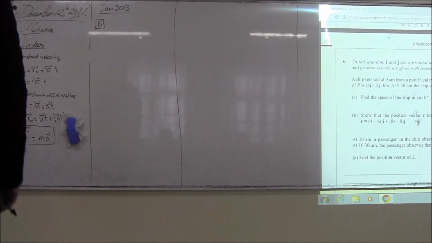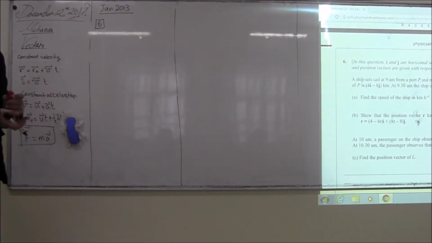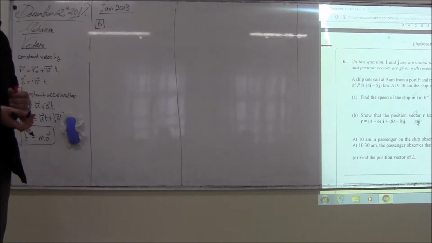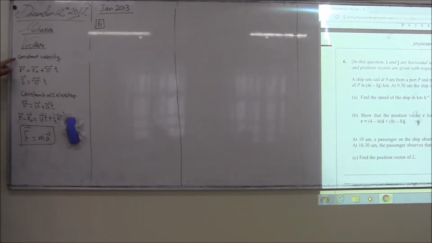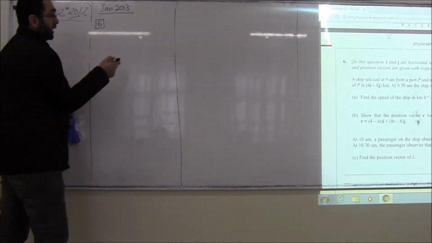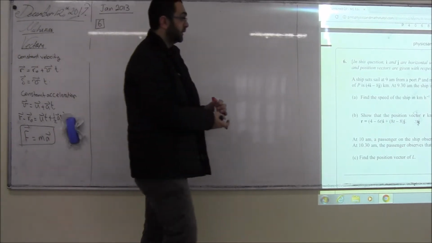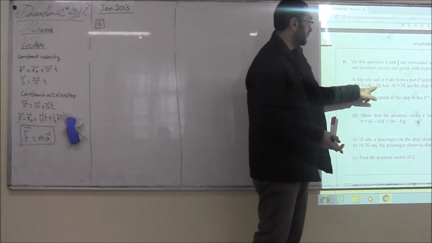Okay, good. Now, Jan 2013. Listen, please. A ship set sail right at 9 a.m. from a port P and moves with constant velocity. The position vector of P at 9, sorry, is 4i minus 8j.